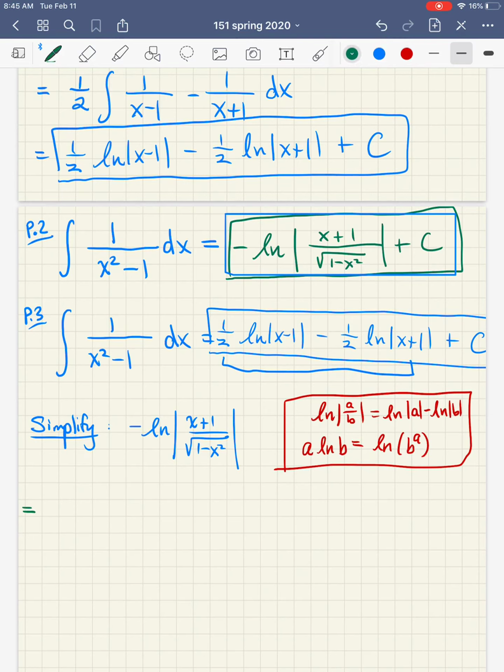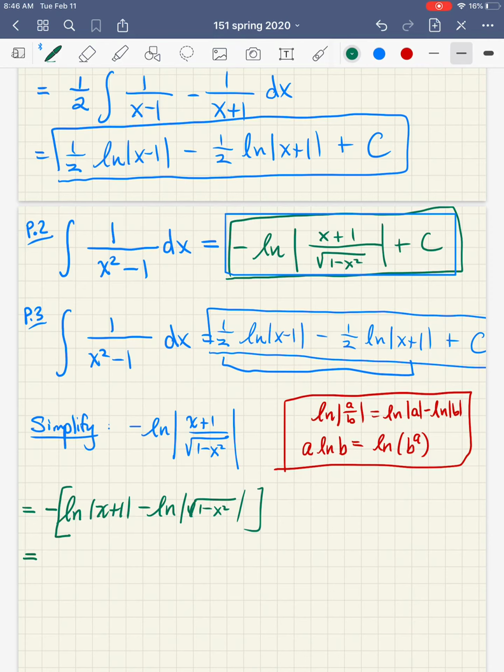Let's switch back to green. So I'm going to get negative log of, let's just keep the minus sign in front, log of x plus 1 minus the log of the square root of 1 minus x squared. There I just used that first rule to write that as a difference.